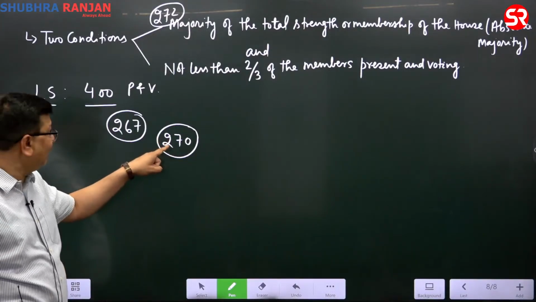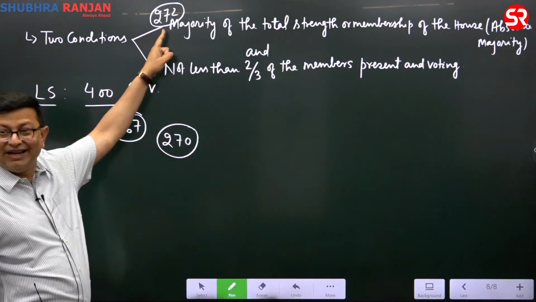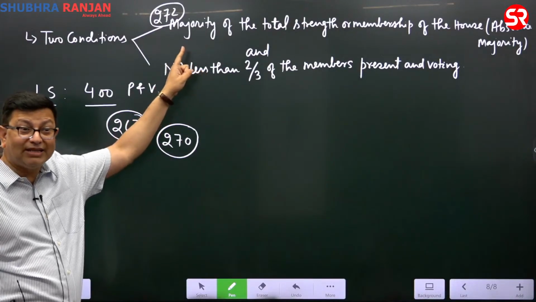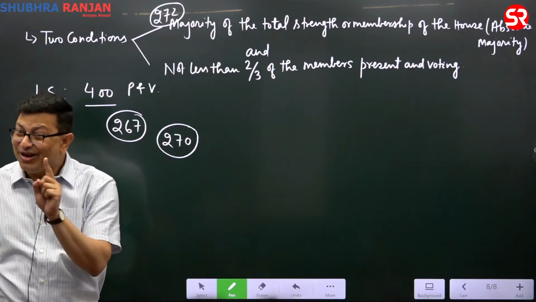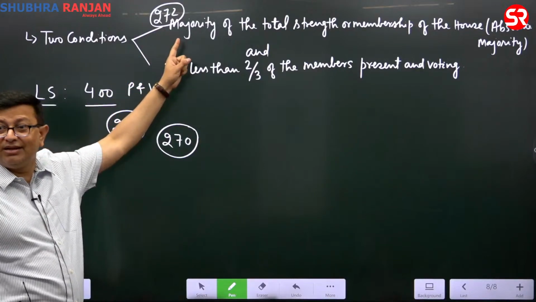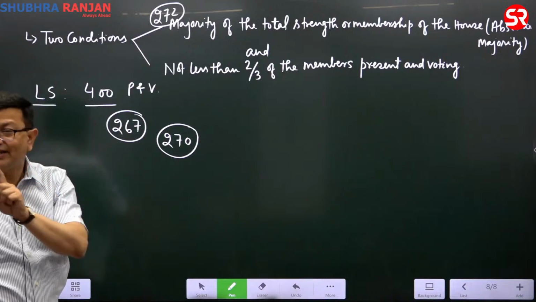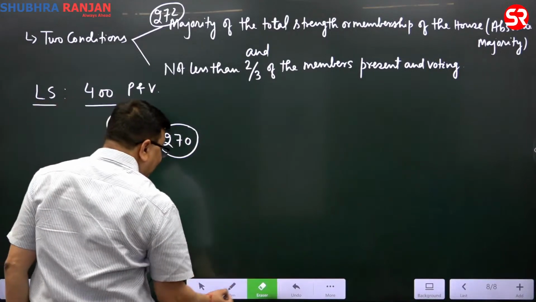Because 270 may be 2/3, it is 2/3, but it is less than 272. That number has also to be there. Minimum 272 we require. Along with it, that has to be equal to or more than this number. Both the conditions have to be fulfilled. Means it is a tougher majority.